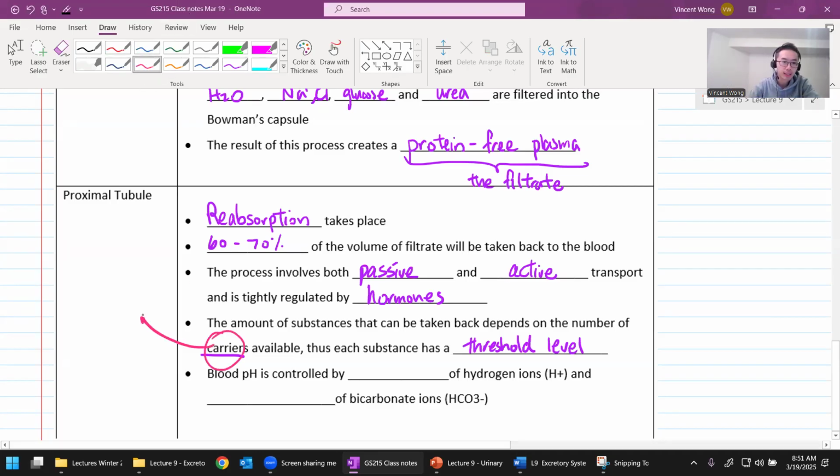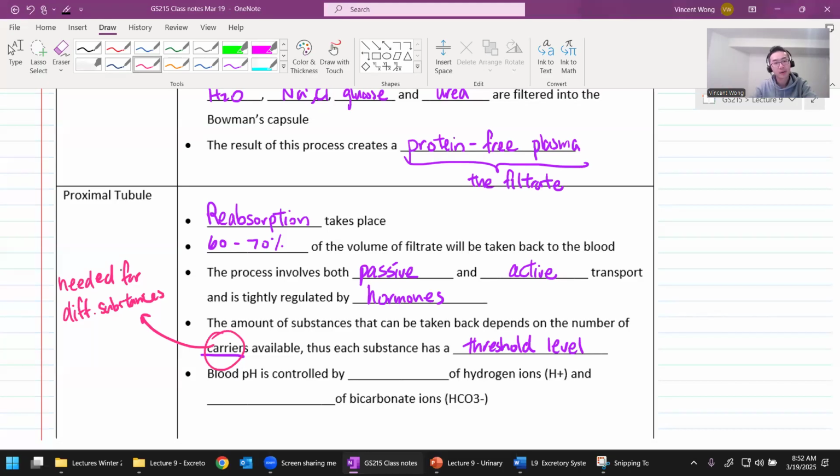So a carrier is needed for different substances. You will need one for glucose, one for NaCl, one for potassium.